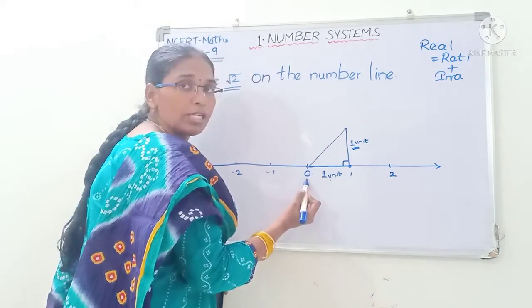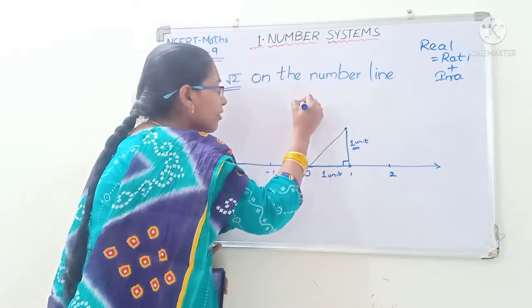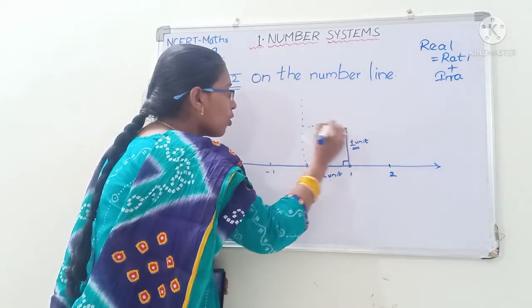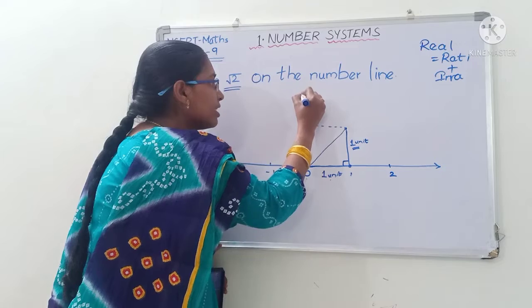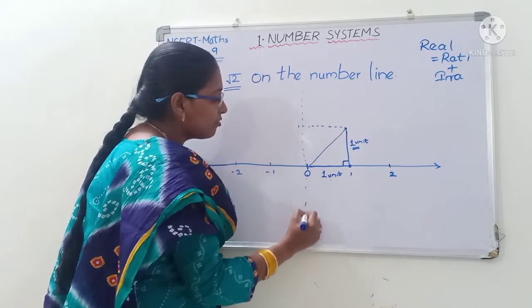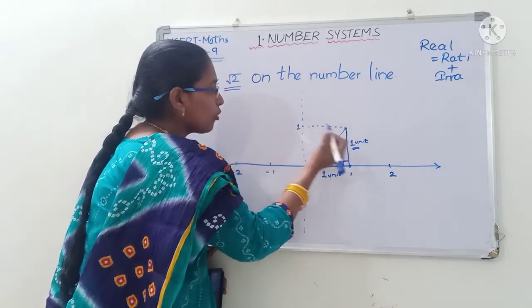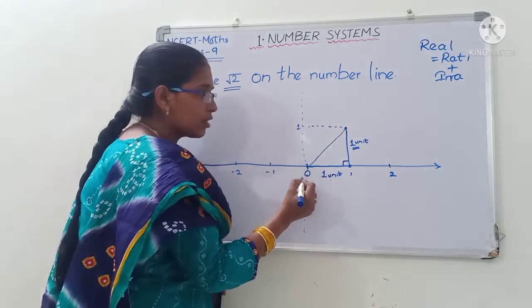Now, join point 0 and this end point. If it is a graph, it will also be 1 unit on the y-axis. At the y-axis, it will point 1 unit. So, join this dot and point 0.